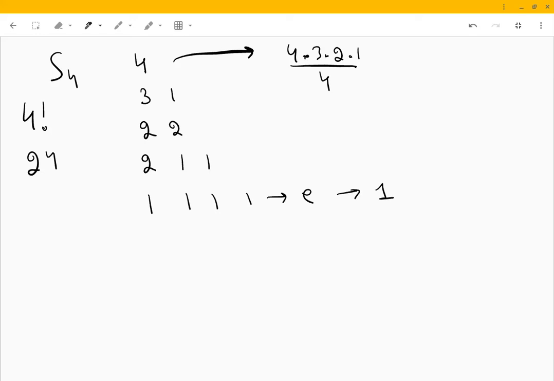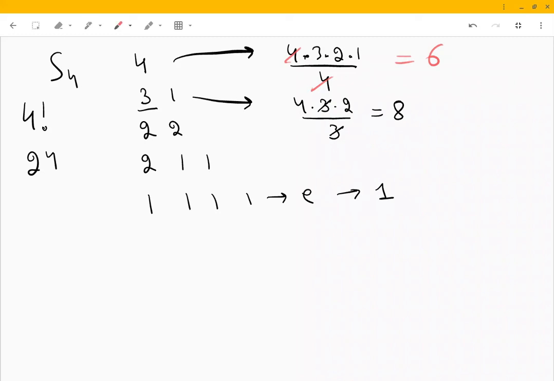I explained how this happens above, 4 factorial ways, and this 4 eliminates the repetitions. So we have 6 elements of this type. Then this, because this is 3, you write 4, 3, 2 divided by 3, which gives us 8 elements. How this is happening, I'll explain in a while.